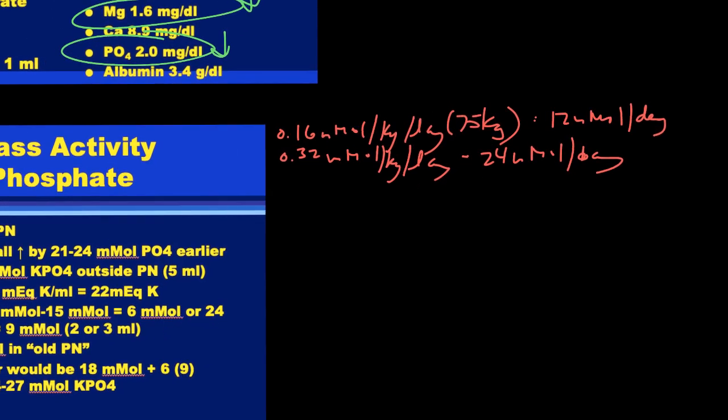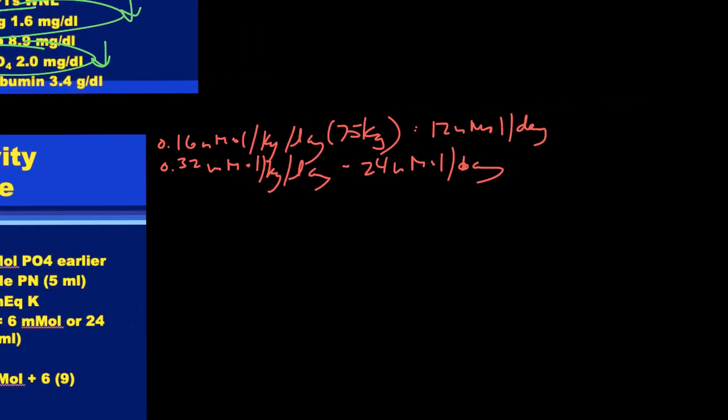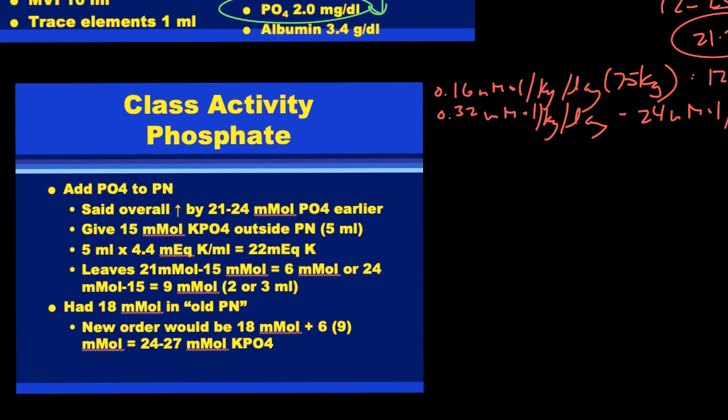Okay, so you know he's hypophosphatemic, so you're gonna give somewhere in the upper range of 12 to 24. So Dr. Younger chose anywhere between 21 to 24. That's why she got that, because he's hypophosphatemic, so you're gonna give somewhere in the upper range of his required range.